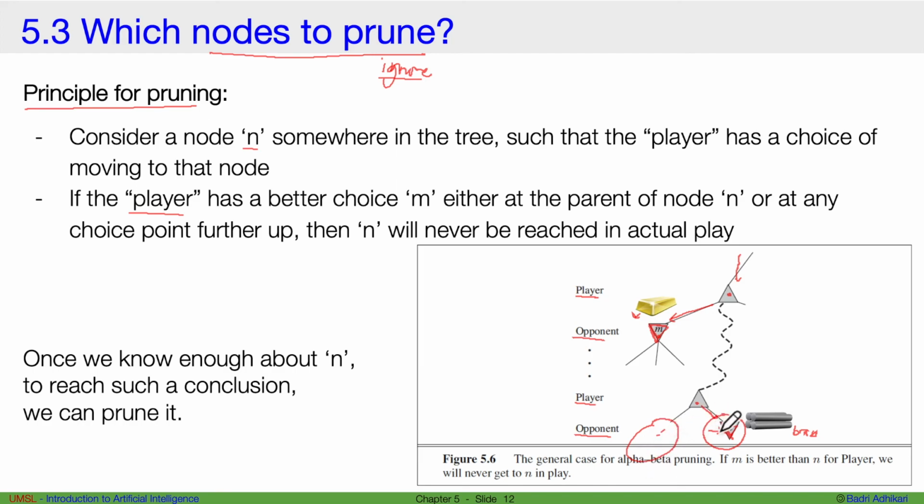However, at this point, somehow we know that because of the choices that the opponent makes along the way, if we go down this line, and if we know enough about this node n, where we can say that, let's say, this is less than 20 or less than 10, if we know that this node n or its subtree gives me something less than 10, and I already have, let's say, a big score like 30 at this node, then we can safely assume that our algorithm will never get to this node n. So that's the principle for pruning.